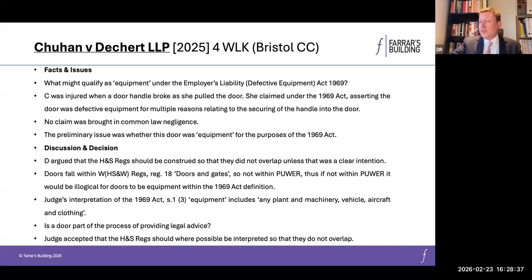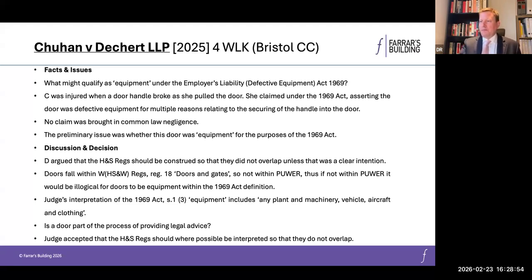Was the door plant and machinery? The judge grappled with that and considered that the words plant and machinery incorporate an element of production, something being used in the course of creating what the employer produces, and that didn't apply to the door.